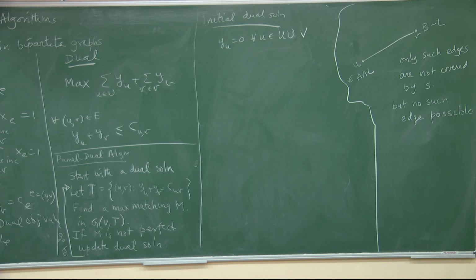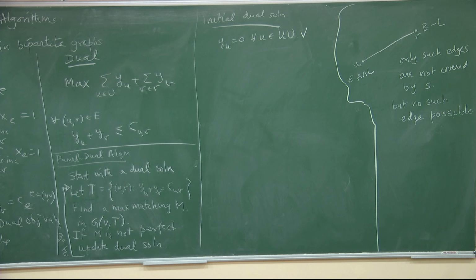I will always have my dual feasible. I will always have the complementary slackness condition satisfied: whenever I have an edge here, the corresponding dual constraint is tight. What am I not going to have? I will have primal as infeasible, and I stop when the primal becomes feasible, because at that time I claim that I've got the optimal solution.